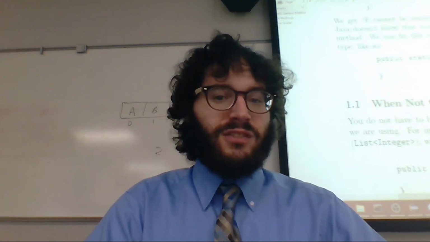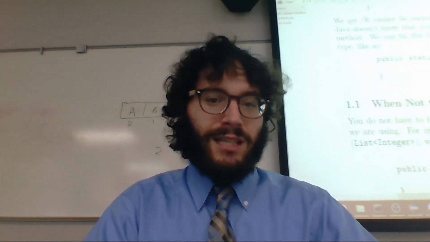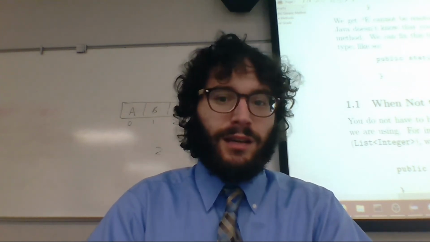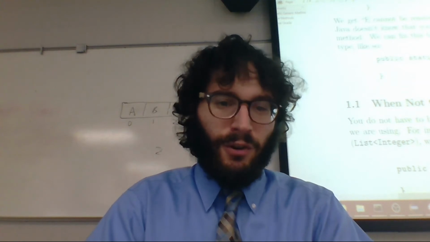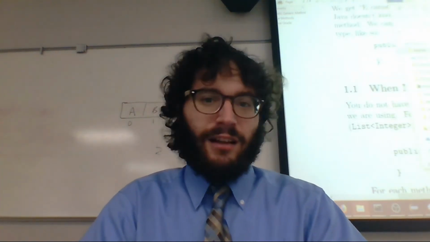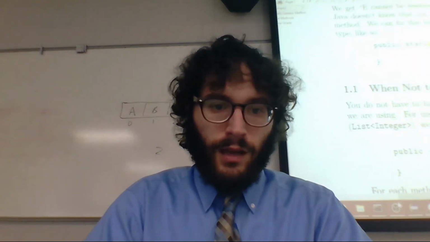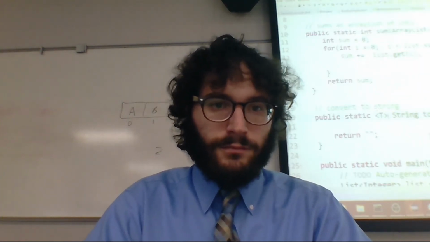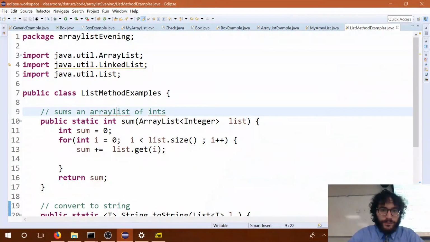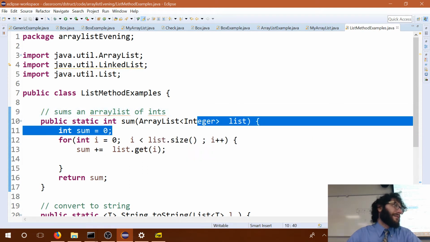Now, you don't have to use this when we know what type is going into the method. When we don't know what type is going into the method, we want to use this. When we do know what type is going into the method, we can just tell it. Going back to our previous example, with the ArrayList, we knew what type the ArrayList had, right?